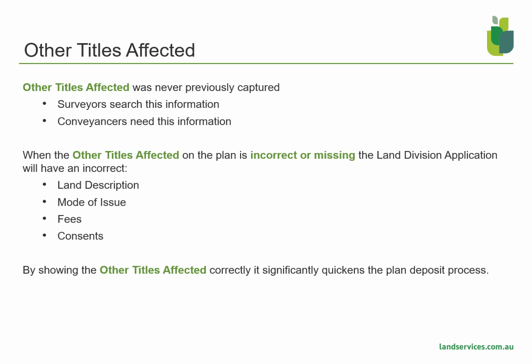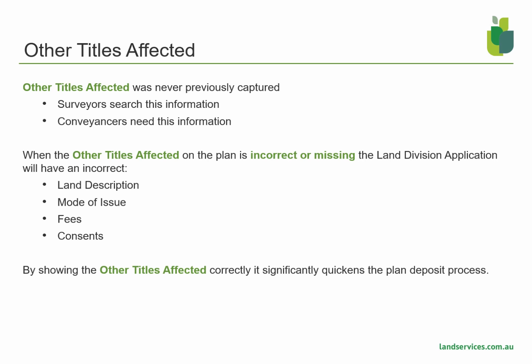When the other titles affected is incorrect or missing, it can affect the land description, mode of issue, fees, and consents. There have been occasions in the past where the incorrect title has been shown in the Other Titles Affected panel, and the conveyancer has sought consents for the title not only from the owner, but also from their bank, and the bank has charged for these consents.